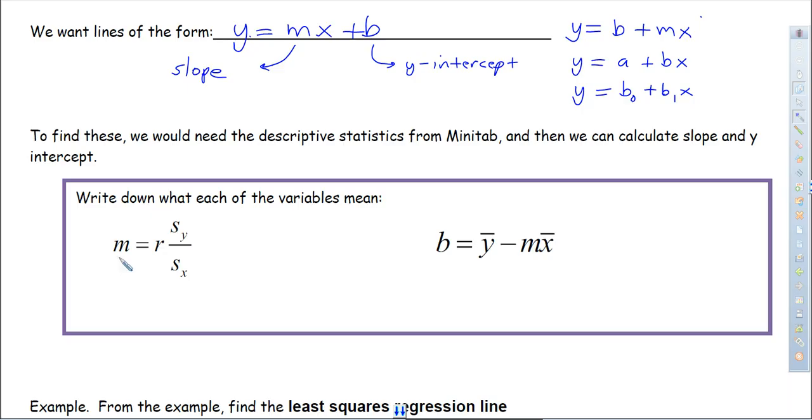Let's go through this. What is m? m equals, I might put this in parentheses, or you might put the r on top. That's fine. Do you recall what r stands for? R stands for our correlation coefficient.